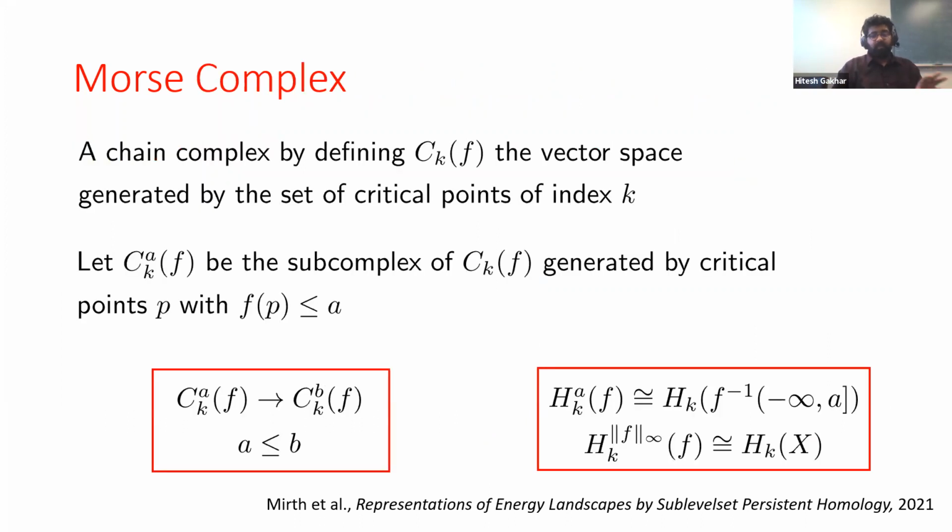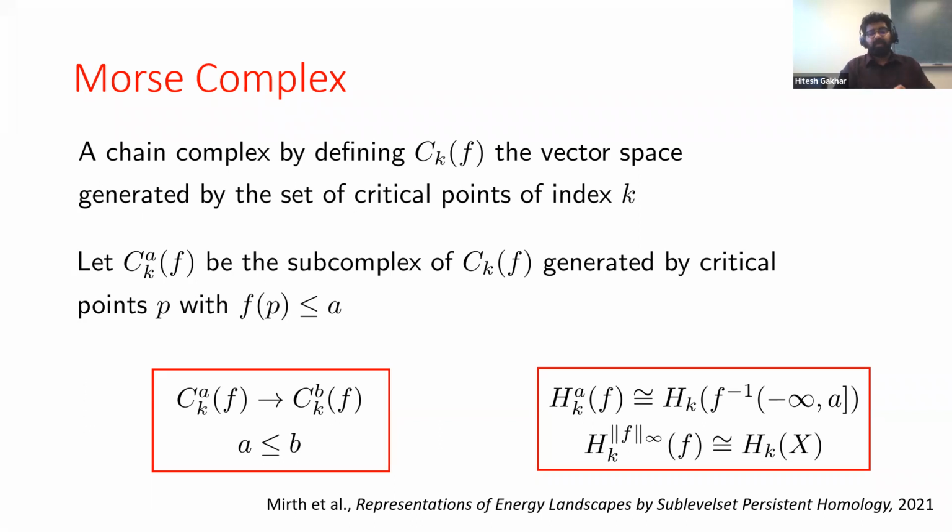Now, once you have all critical points and their indices, you can define a chain complex at degree or dimension K as the vector space that is generated by the set of all critical points at that particular index.